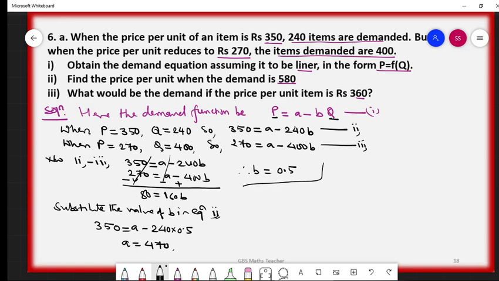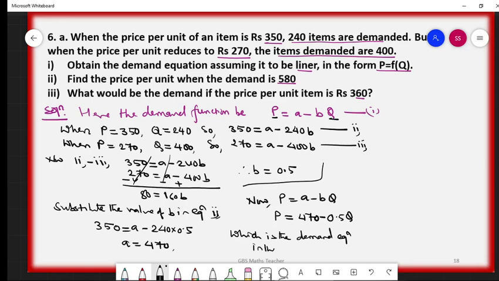Now P equal A minus BQ becomes P equal 470 minus 0.5Q, which is the demand equation in the form of P equal f of Q. The first part is completed.